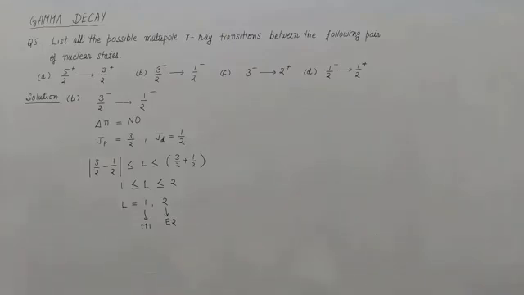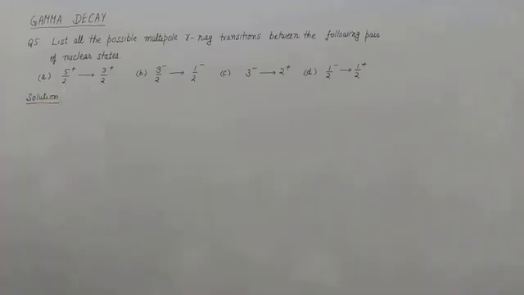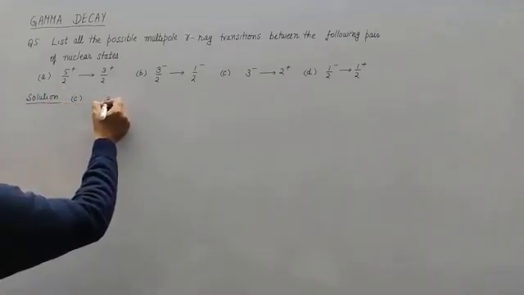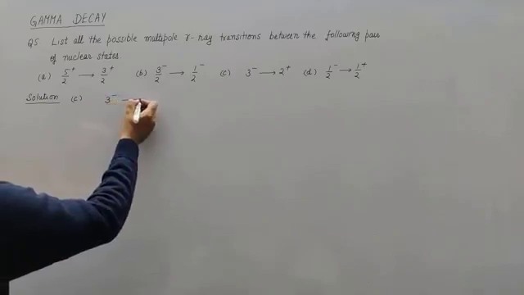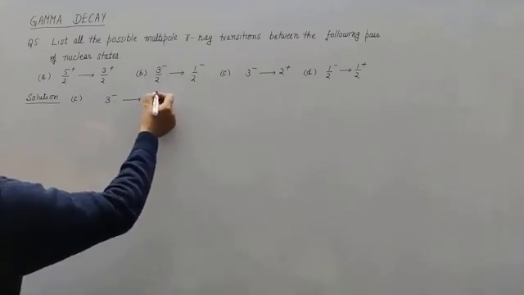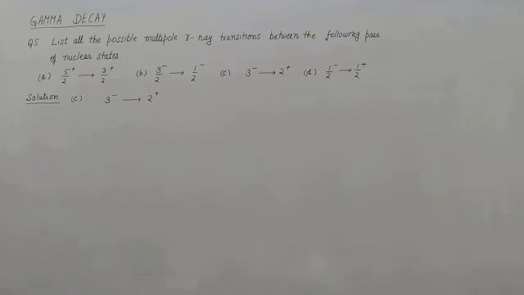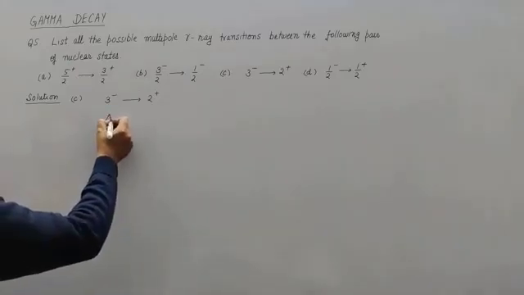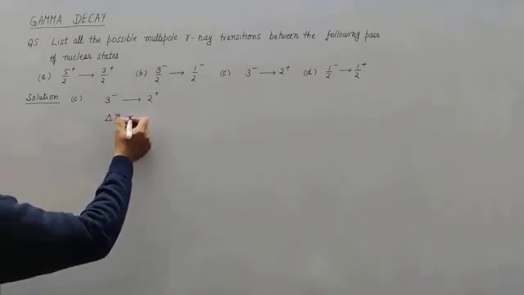Now come to C part. Here the transition is 3 minus to 2 plus. So parent nuclei has negative parity, daughter nuclei has positive parity, so parity is changing. So here delta pi is yes.